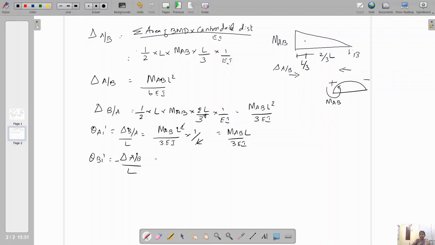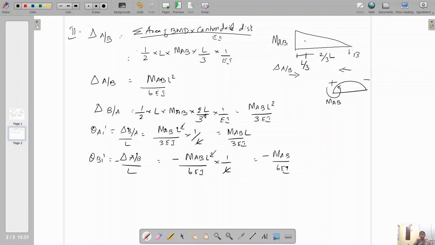So minus delta A towards B by L. Here minus MAB L square by 6EI into 1 by L. So finally we get minus MAB L by 6EI. So this is the second part. We have finished the second part.